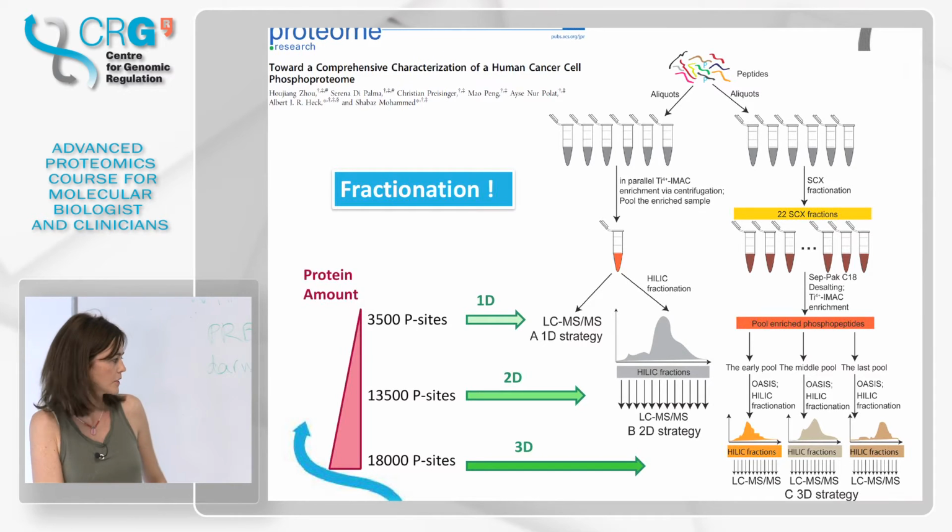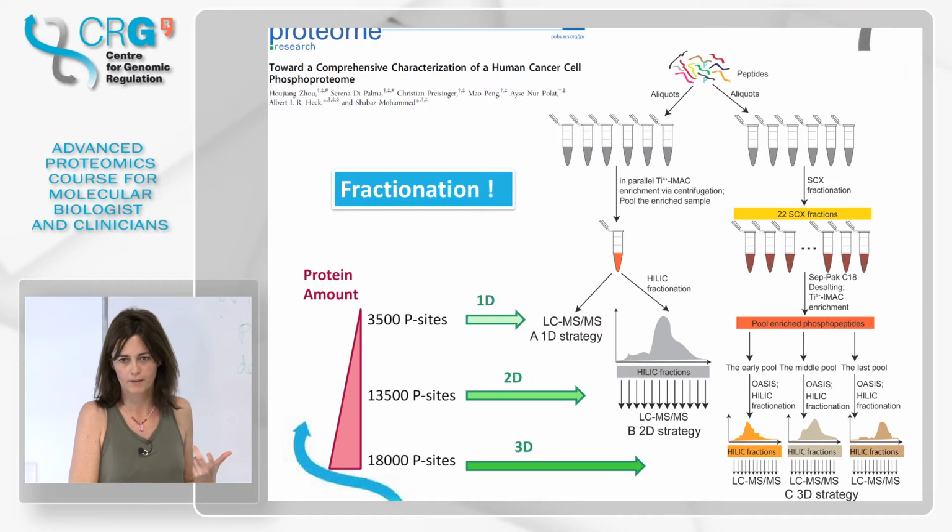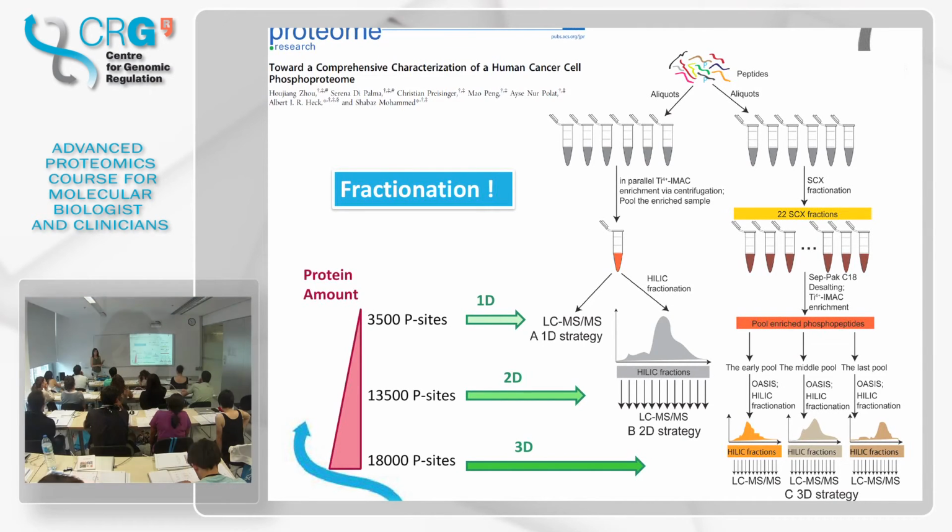So with this strategy, obviously the numbers always increase, but we always have to balance how much work this is, how much money it takes to analyze all these samples, and, very important, the amount of initial material that we start with. Because the more things we do, the more we fractionate.